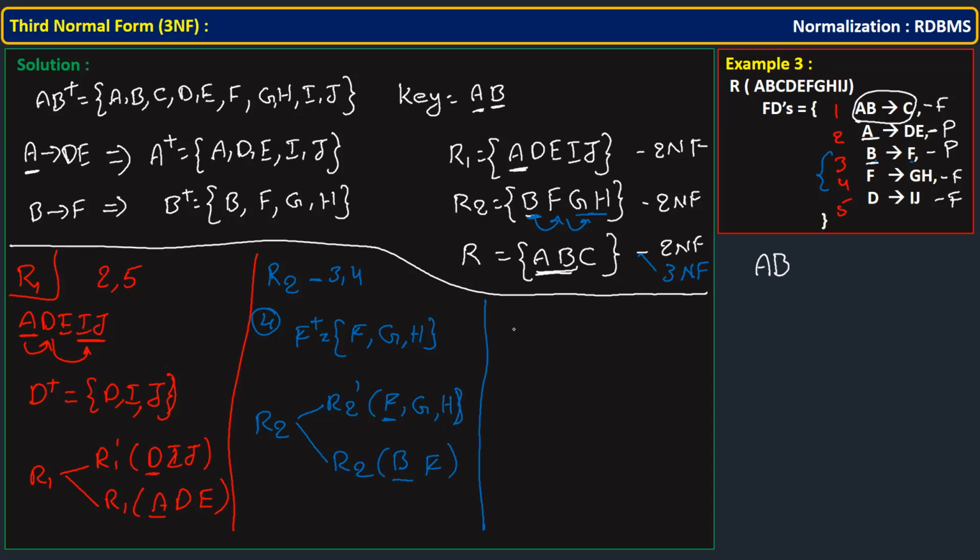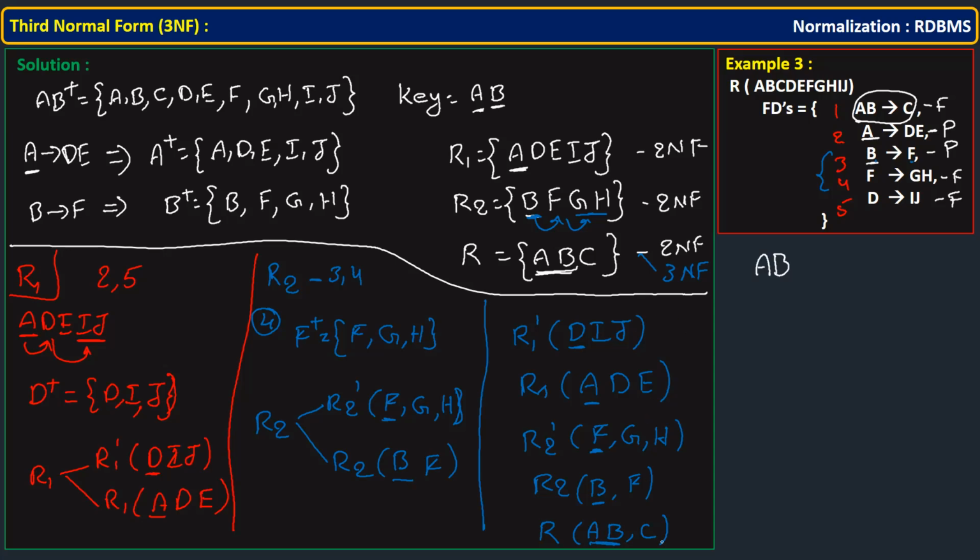You can see here R1 dash, that is D, I, J, where the primary key is D. And R1, that is A, D, E, and here the primary key is A. And next R2 dash, R21, that is F, G, H, and the primary key is F. And R2, that is B, F, where the primary key is F. And the original table R, that is A, B, C, where the primary key is AB.